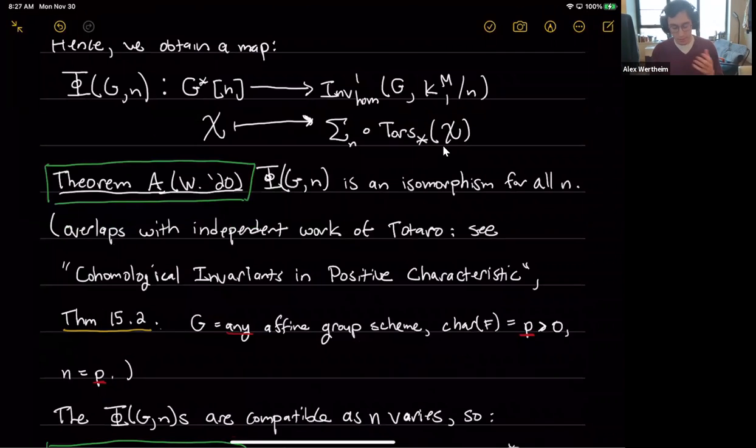He addresses the case where G is any affine group scheme, but there are some restrictions on the base field and n, namely that the characteristic of the base field is some positive prime p, and the integer n must be equal to p. So somehow it's more general in the sense that it addresses more group schemes, and maybe there are a few more restrictions on the base field and this integer n.